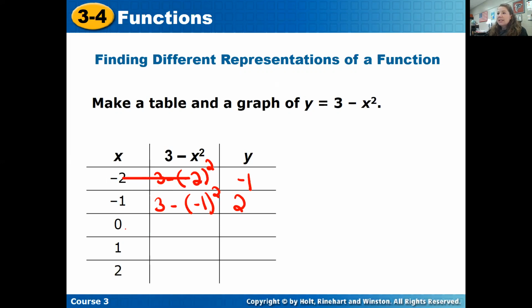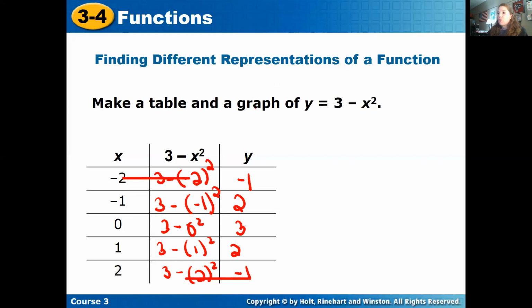All right, what if x is 0? 3 minus 0 squared. 0 squared is 0, so 3 minus 0 is 3. What if x is positive 1? 3 minus 1 squared. 1 squared is 1. 3 minus 1 is 2. And then 3 minus 2 squared. Well, 2 squared is 4, and 3 minus 4 is negative 1.